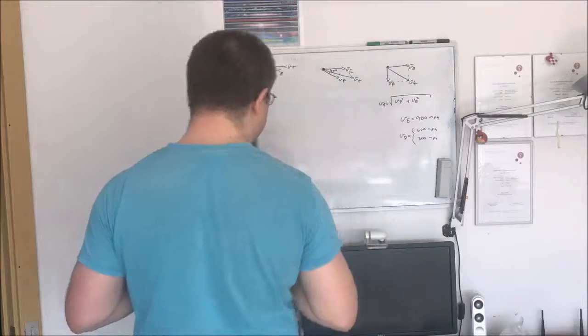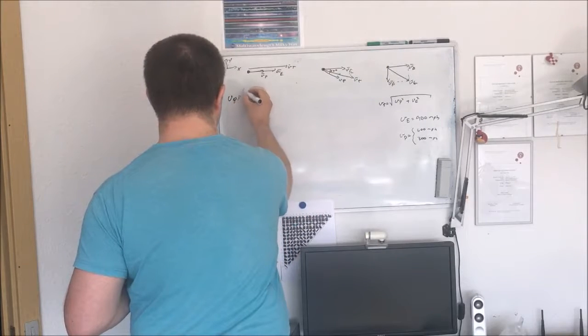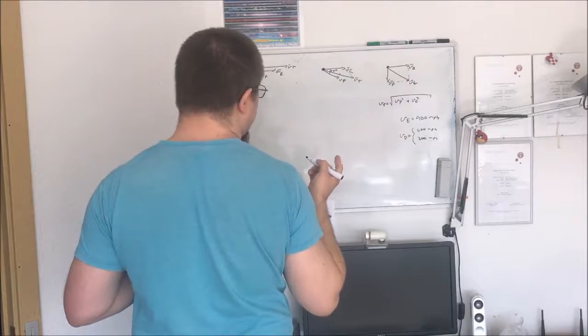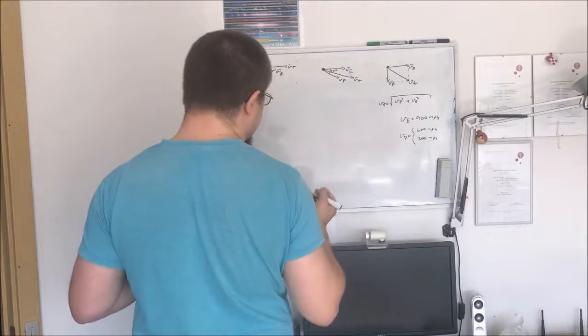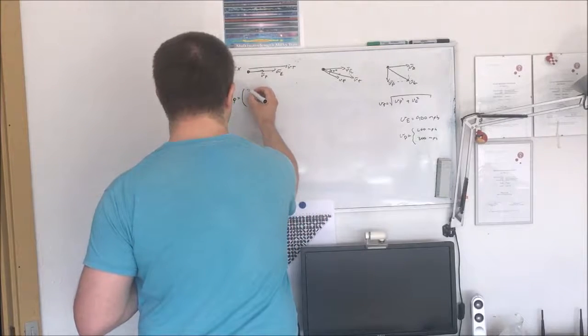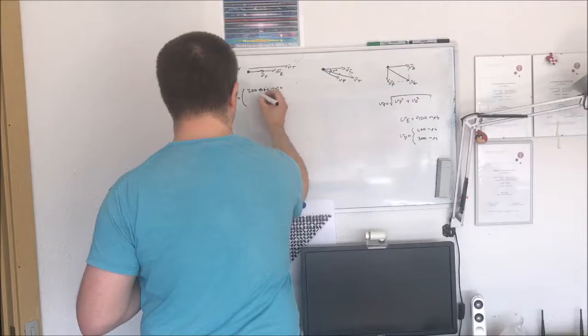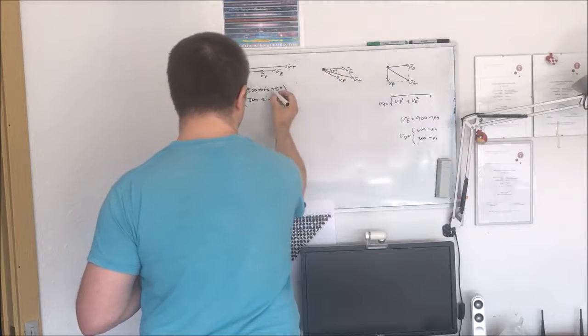The part of the Earth is the same. Because we are in the turn here, Brian Mullins decided that we should use 300 miles per hour, so I'm going to use 300 miles per hour. 300 times cosine of 25 degrees, and down here 300 times sine of 25 degrees. And because it's going downwards, it is a minus.